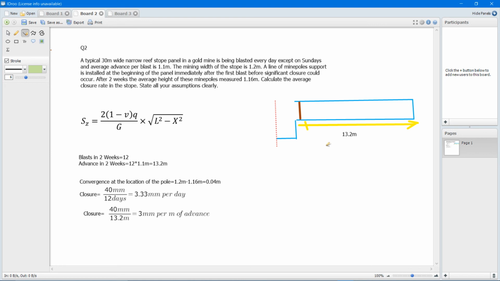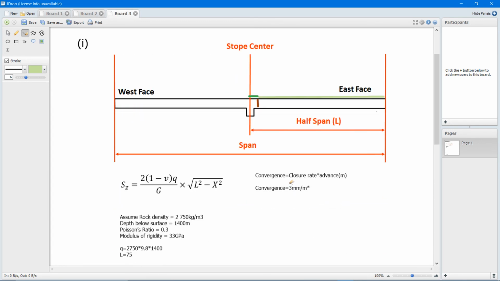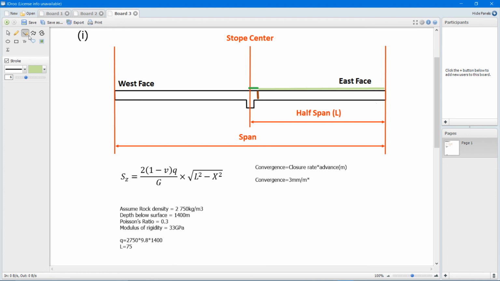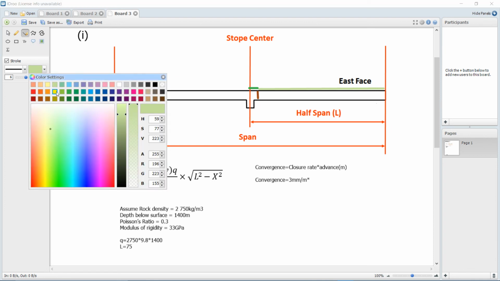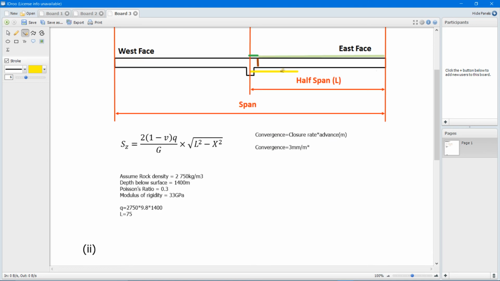Now, you could go back and say, okay, that convergence from last time of 0.04 happened when we had traveled 13.2 meters of advance.